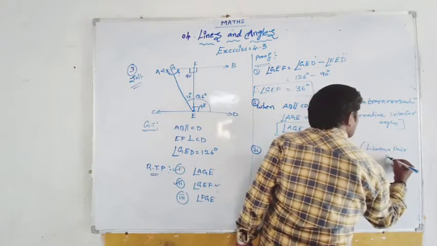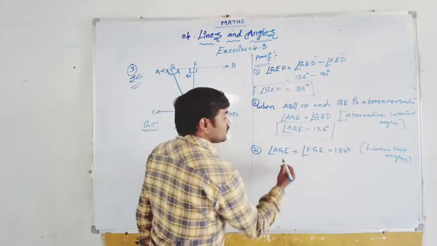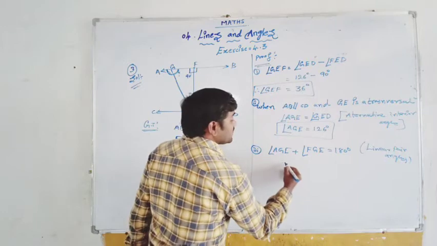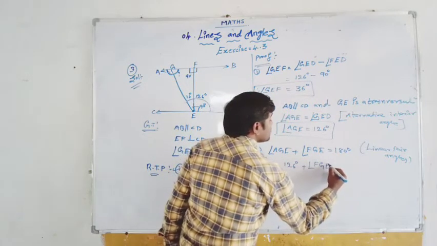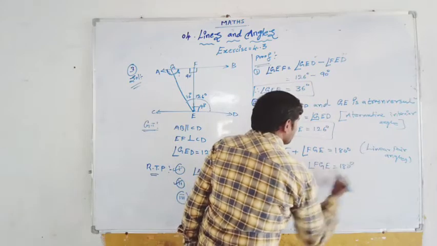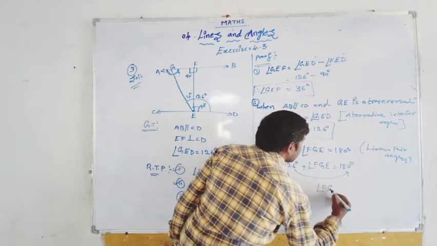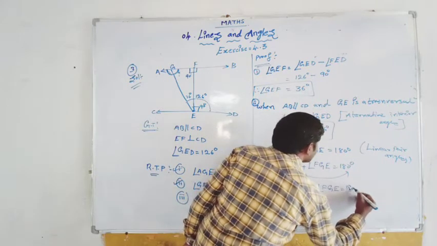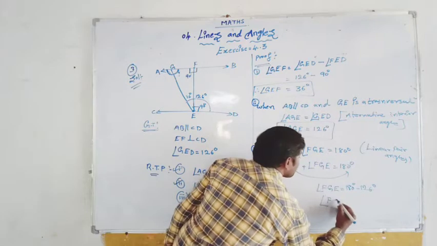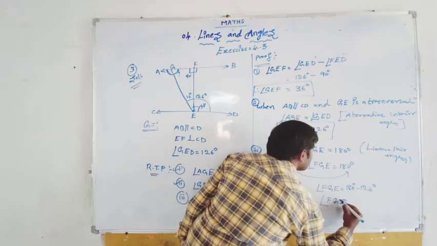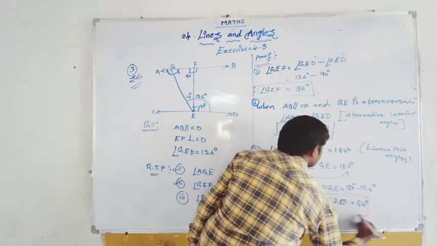So already we know AGE is 126 degrees plus FGE, which we need to find out. So transfer this 126 degrees to this side. Angle FGE is equal to 180 degrees minus 126 degrees. Then angle FGE is equal to 54 degrees.